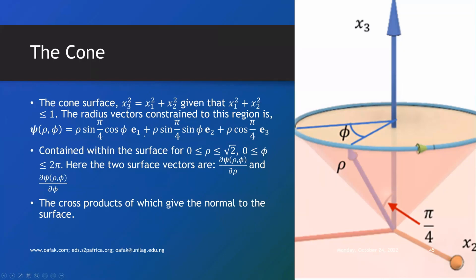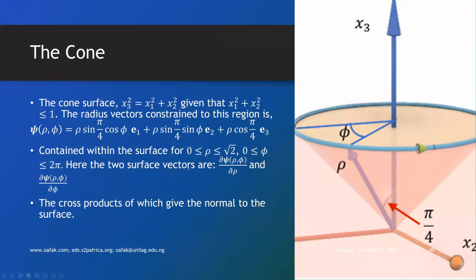So if this is the spherical vector, everything remains unknown except theta, which is at pi over 4. It's contained within the surface for 0 to root 2. So rho starts from 0 and ends at root 2. Sorry, phi starts from 0 and ends at 2 pi.